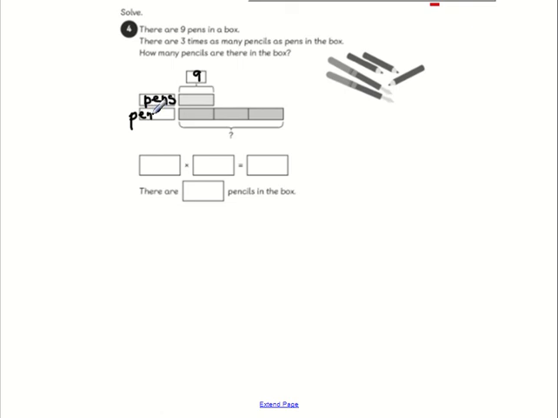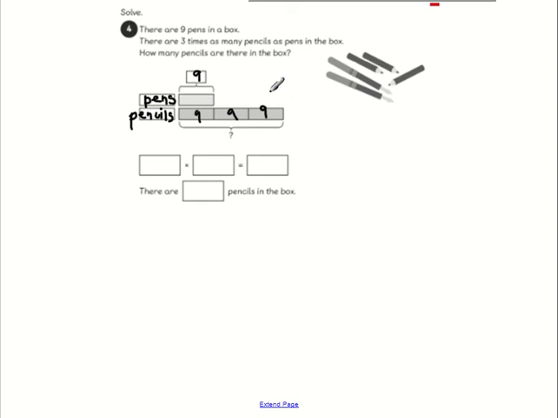Can you see how there's 3 more bars of the pencils than there are of the pens? Sorry, it's very hard to write on this whiteboard. So we can see here there's 9. So this must mean this represents 9. This represents 9. And this represents 9.